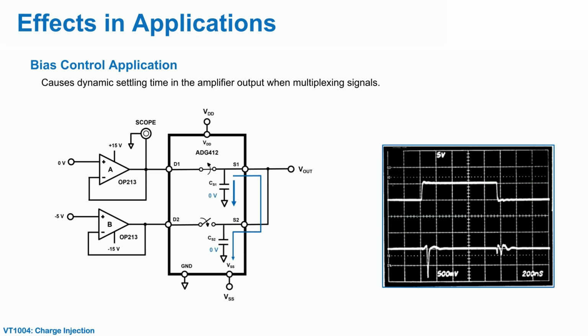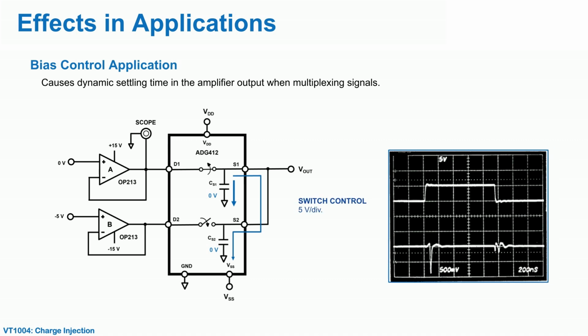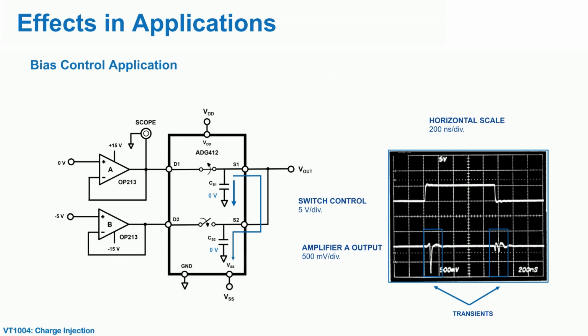The scope shot in this photo depicts this transient phenomenon as shown in the boxed area. Therefore, the amplifier's transient load settling characteristics will be an important consideration when using the right input buffer.